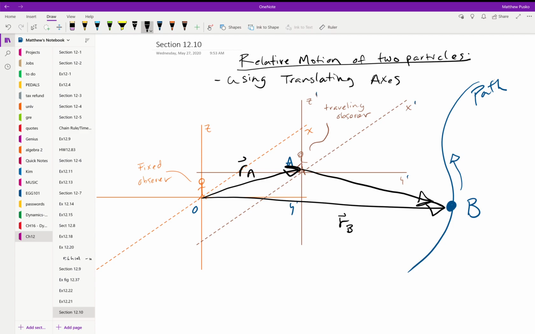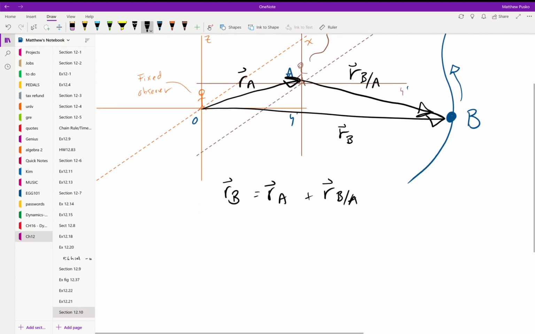And if we do the vector addition, we can say RB is equal to RA plus this thing right here, R of B with respect to A. You'll also see R of B with respect to A is equal to the difference between the two. And this one sometimes makes more sense, but I'll explain why we use this one often.